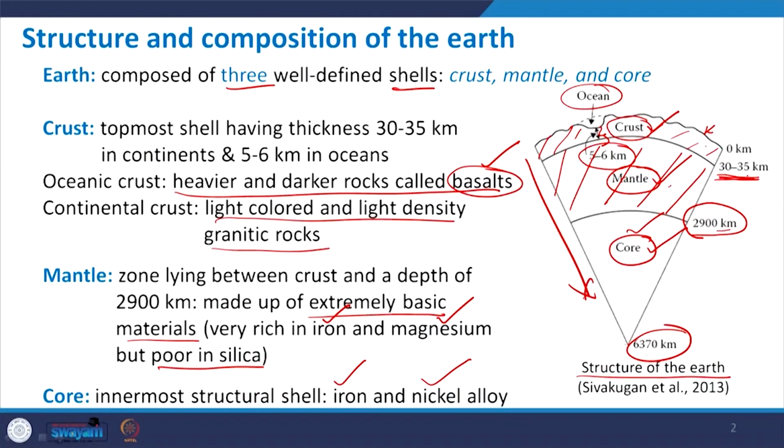So based upon the kind of material that you encounter as you go towards the center of the earth, you can take a call whether this is part of the crust, mantle or core. So remember, the earth is composed of three shells: crust, mantle and core, and remember their basic properties.